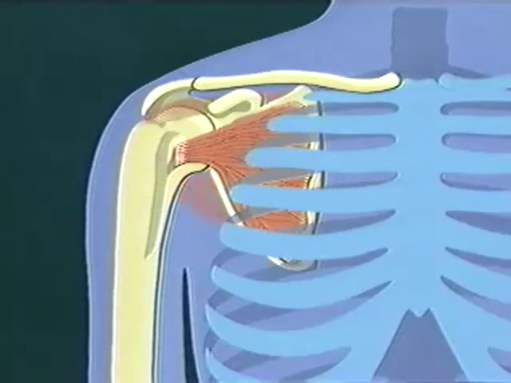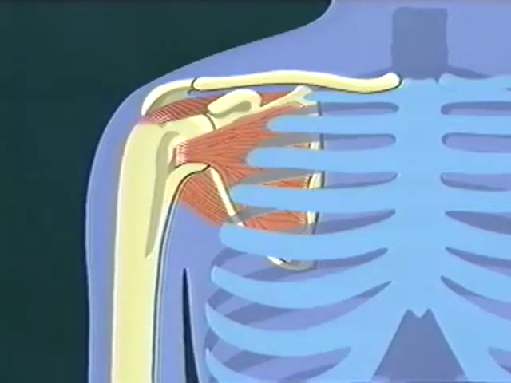These muscles are referred to collectively as the rotator cuff. Their tendons reinforce the capsule of the joint and pull the head of the humerus firmly into the glenoid fossa.